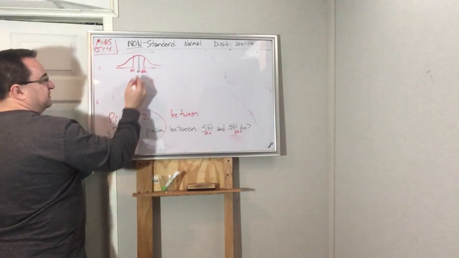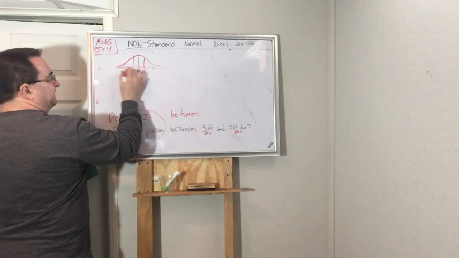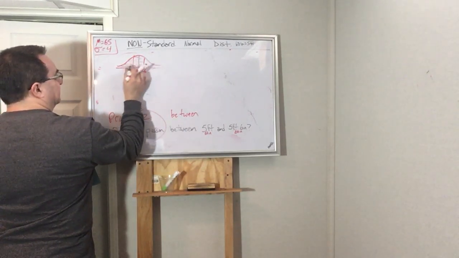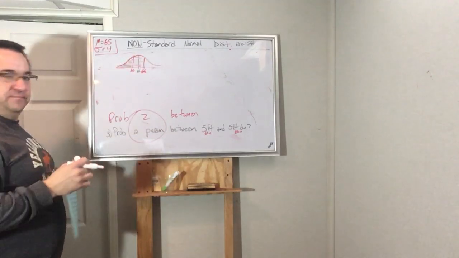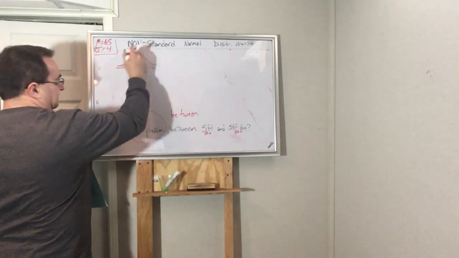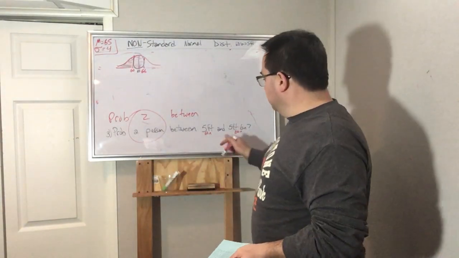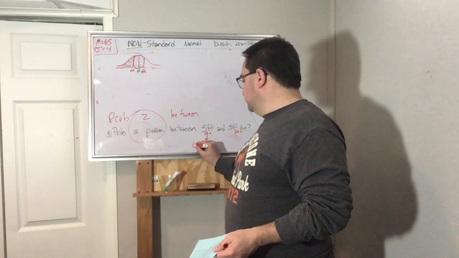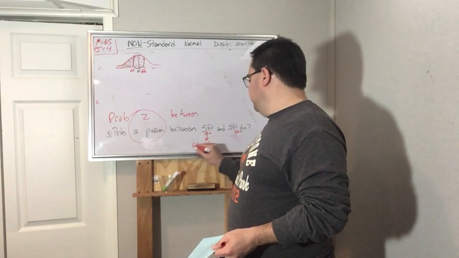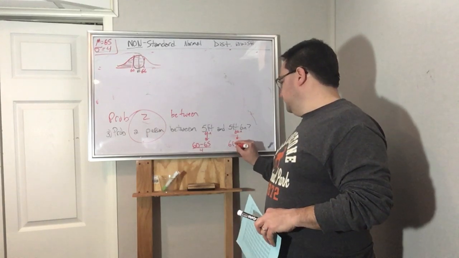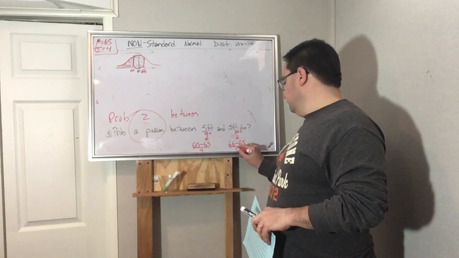So in order to do this, we have to use the table value for this and take away the table value for that, and what's left will be the part we want right here. So I need a z-score for both of these values, and we got to keep track of what they mean. This z-score is going to be 60 minus 65 over 4. And this z-score is going to be 66 minus 65 over 4.